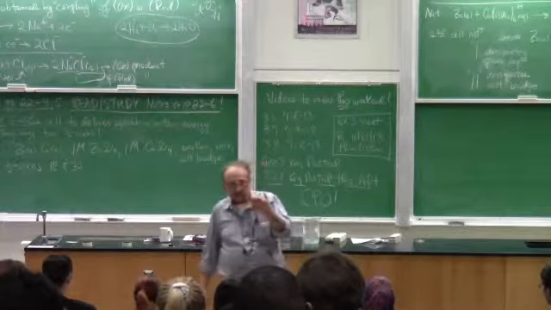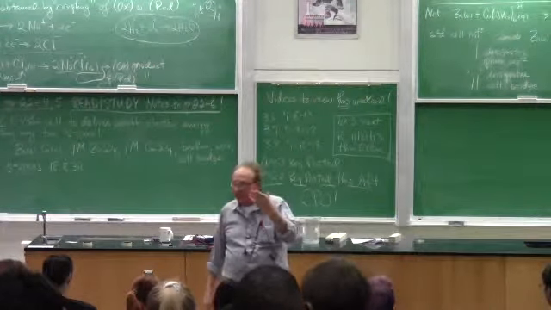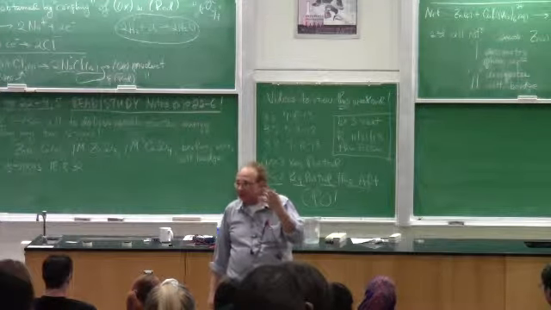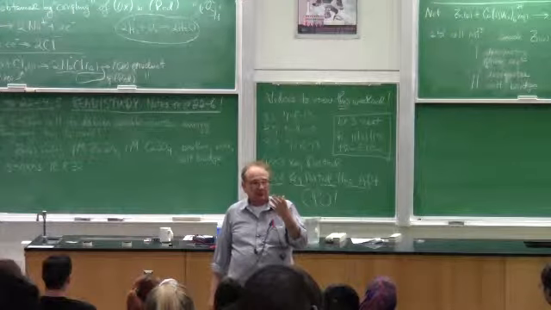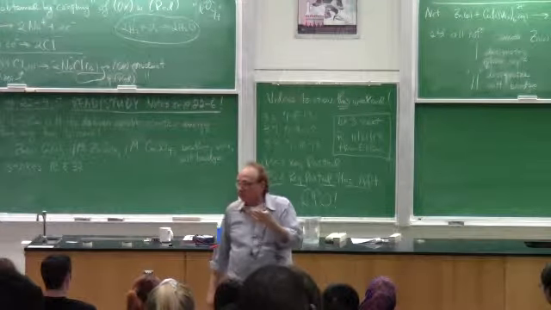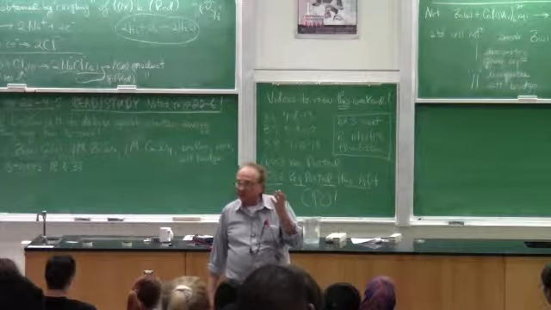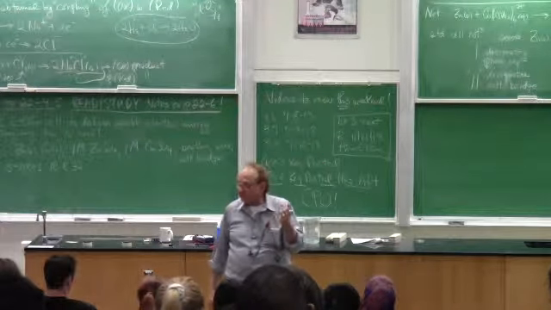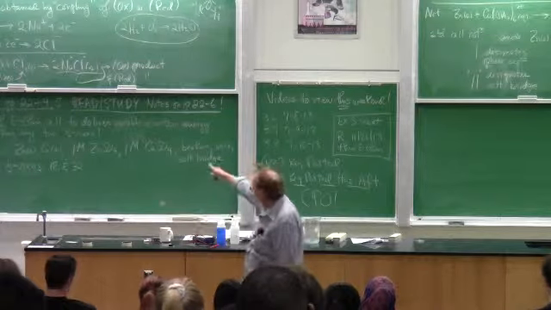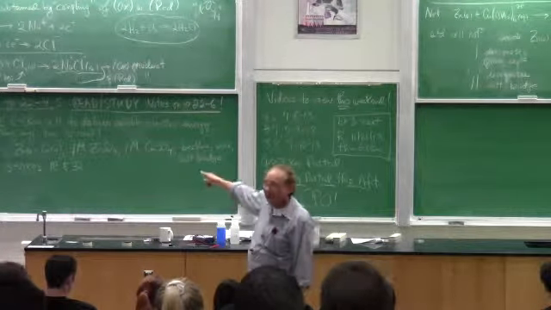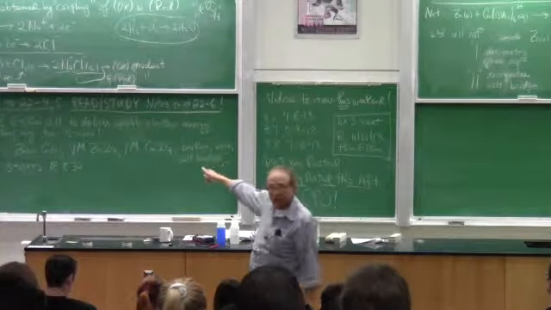If you use 2 moles of sodium and a quantity of chlorine less than 1 mole, boom! Do you think there'll be any unconsumed chlorine remaining? No, but there will be unconsumed sodium. Because that tells you if you're going to run this reaction using 2 moles of sodium and you want to consume all the sodium, you need a mole of chlorine.